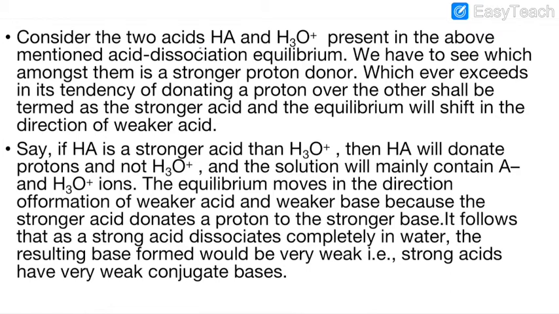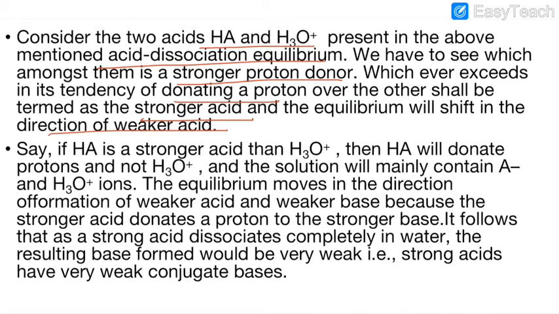Consider the two acids HA and H3O plus present in the above mentioned acid dissociation equilibrium. We have to see which amongst them is a stronger proton donor. Whichever exceeds in its tendency of donating a proton over the other shall be termed the stronger acid, and the equilibrium will shift in the direction of the weaker acid.